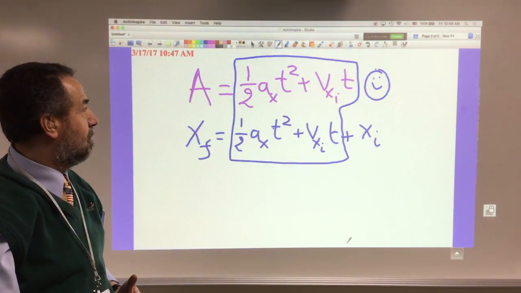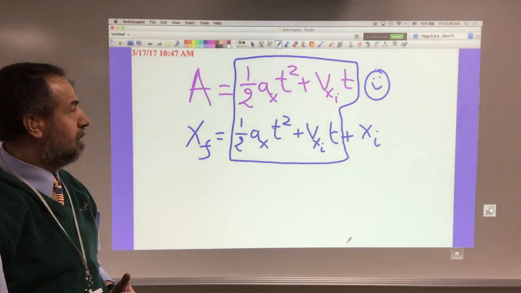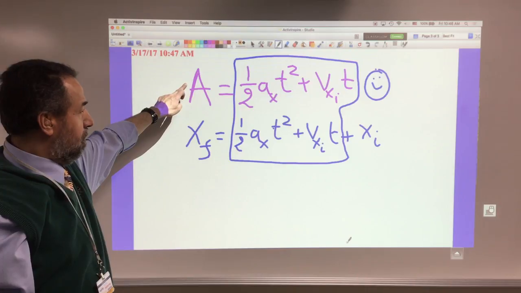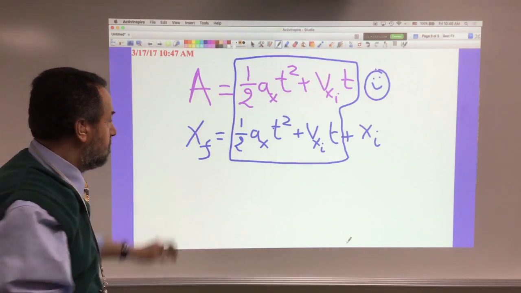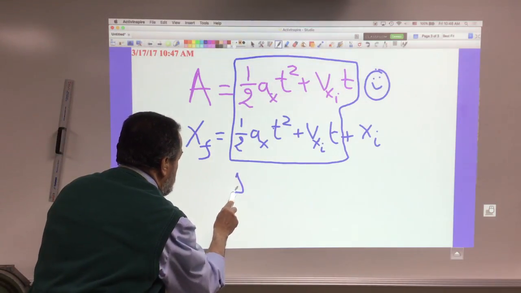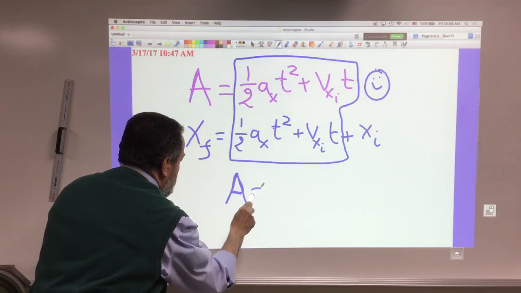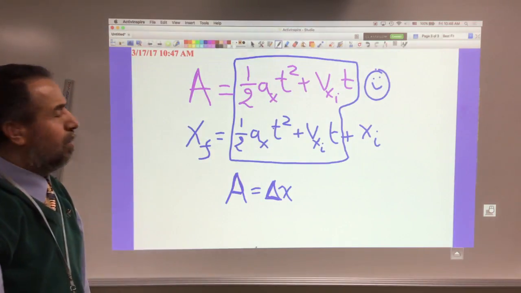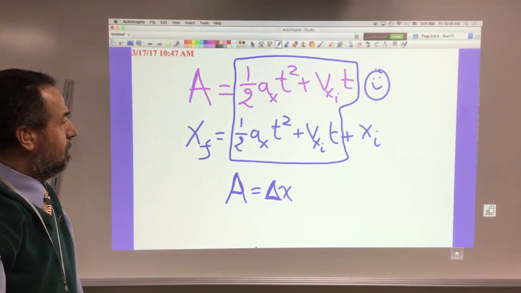So, what must you conclude? The area must be equal to the displacement. And if you did not say that, please think about it again. You'll be able to see that it is.